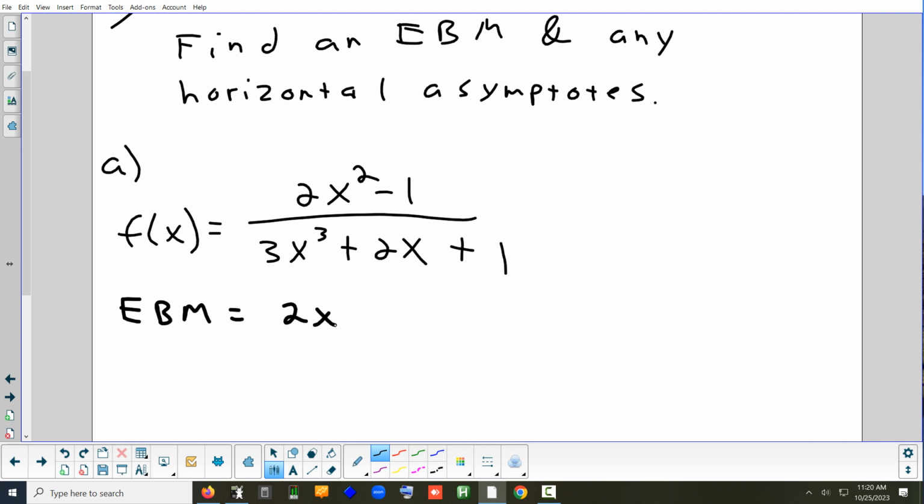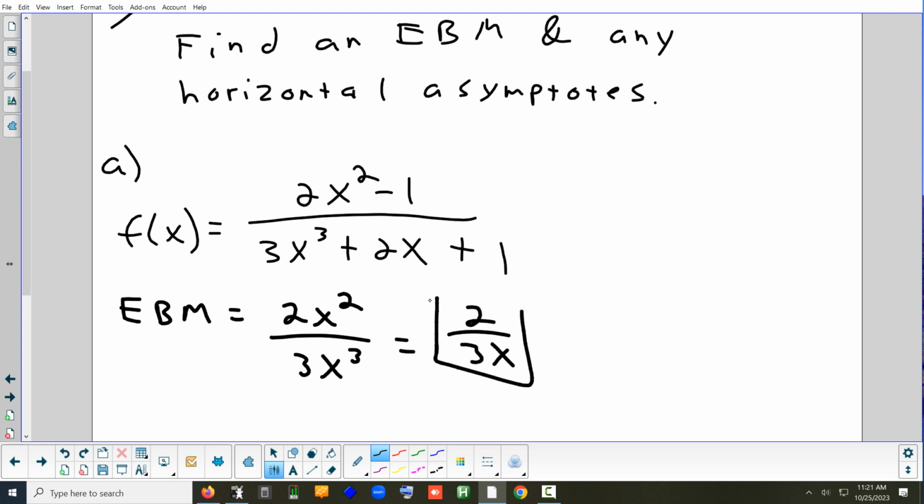What's the highest degree term in the bottom? 3x to the 3rd. And now when we simplify it, can anybody give me the final answer without a negative exponent? Preferably if it's going to be negative, just put it in the bottom. Yep, 2 over 3x. Perfect. That is called the end behavior model, 2 over 3x.